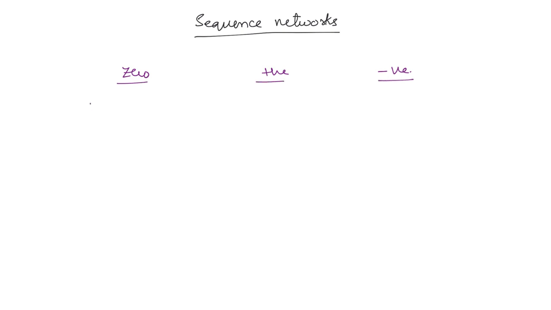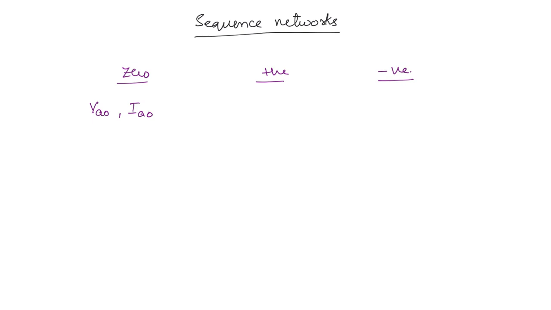So if you take one phase, A phase of zero sequence, you will have the voltage VA0 and the current IA0. Now we need to draw a network that is relating these two quantities, right? So that is the sequence network.